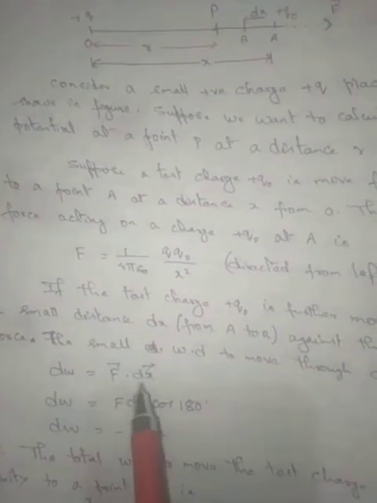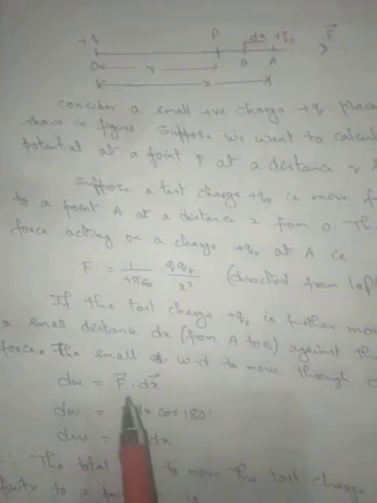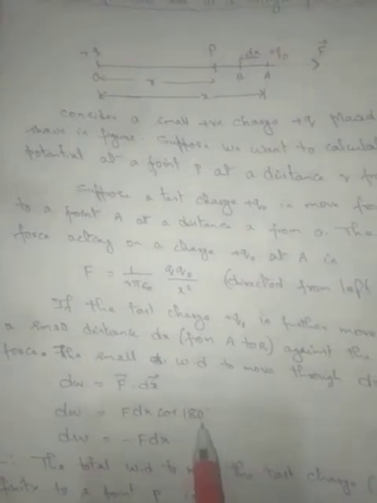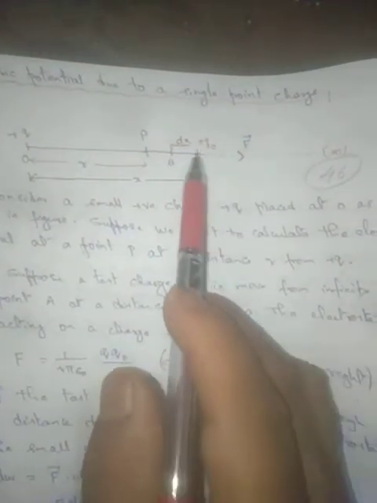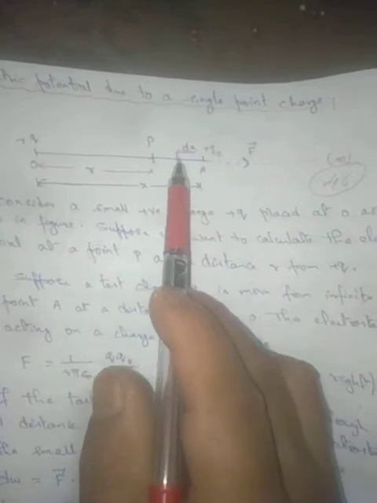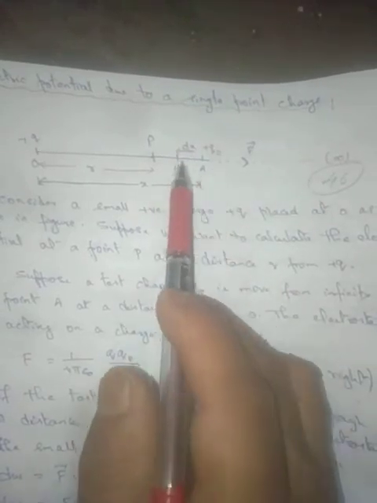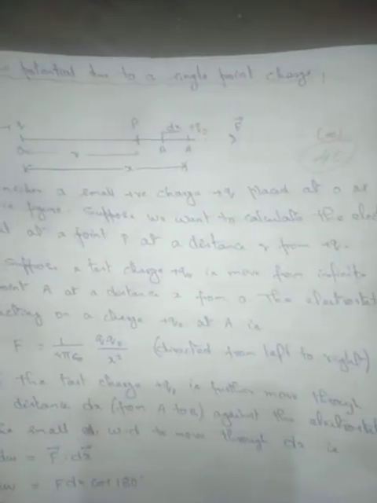Now as you know, a dot b equals ab cos theta, so F dot dx will be F dx cos theta. But in this case your theta is 180 degrees. Why is it 180 degrees? Because look at the figure, F is acting in this direction and dx you are shifting this side, so the angle between dx and F is 180 degrees as they are anti-parallel to each other.